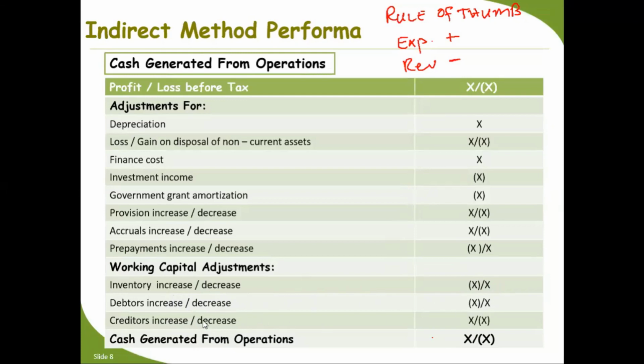And creditors, because it is a liability, opposite to this, the increase in creditors added back and decrease deducted. After that, the item which you got, that is cash generated from operations, which could be inflow or outflow. If it is inflow, it will be a positive figure. If it is outflow, it would be a negative figure.